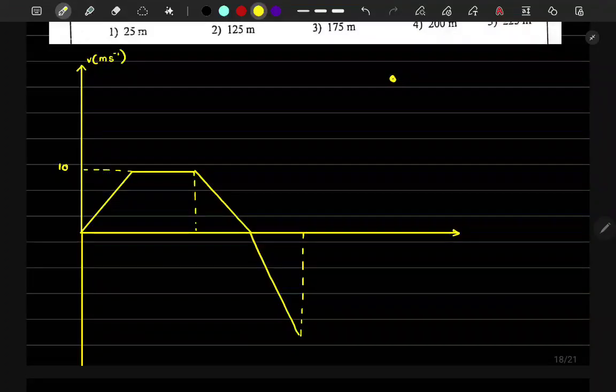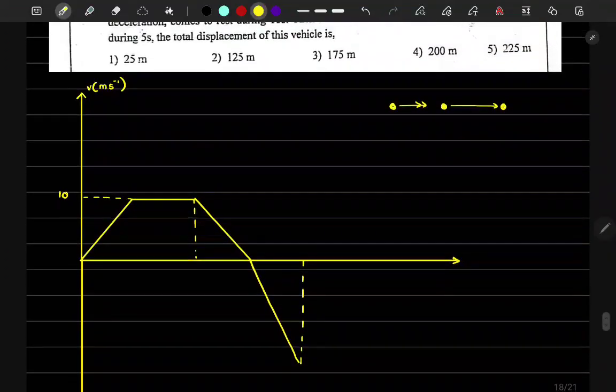It starts, moves at an acceleration, then attains a specific velocity, moves at that velocity for 10 seconds, then decides to decelerate and comes to rest, then moves back. So if it's somewhere here, the displacement should be something like this. This is what we must find.